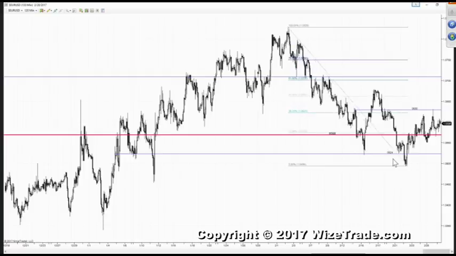I think this 701 is going to be the 61% right here. You can see that, so we'll go and mark that off.